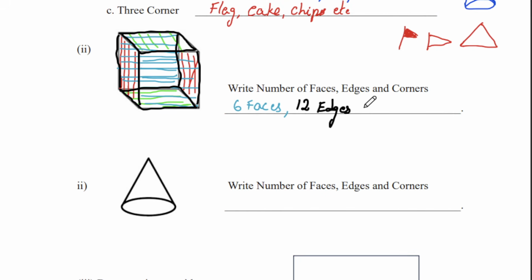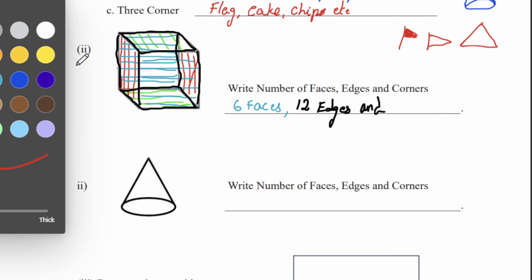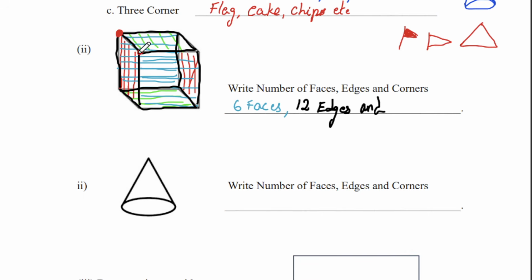And how many corners? We have one, two, three, four, five, six, seven, eight. So 8 corners. Okay, 6 faces, 12 edges and 8 corners.